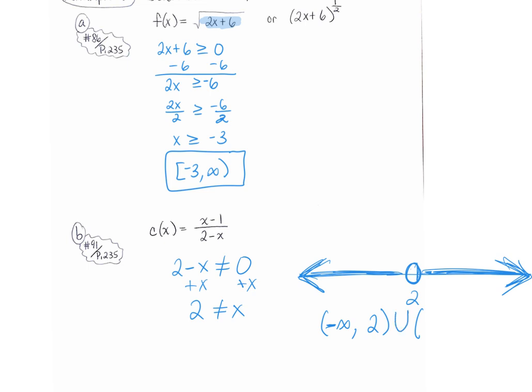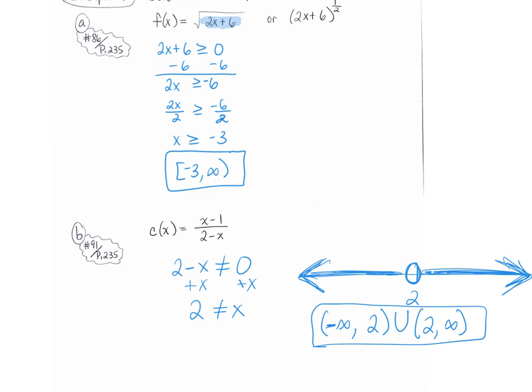Union. Yes. Parentheses 2, comma, infinity. Parentheses. Good. That's it. What questions do you have?